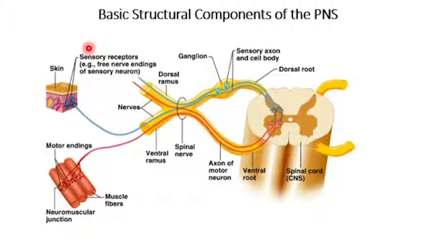This then transmits these electrical impulses via afferent nerves, which go to the dorsal root of the spinal cord and up to the central nervous system via tracts that we'll look at. And the efferent component comes out of the ventral root of the spinal cord to then supply the various effector muscles, which we'll look at in detail as we go.